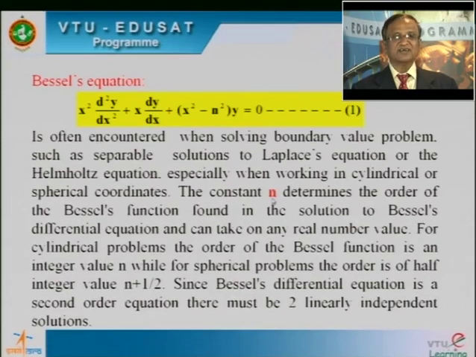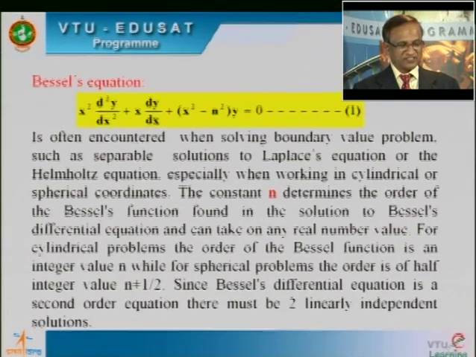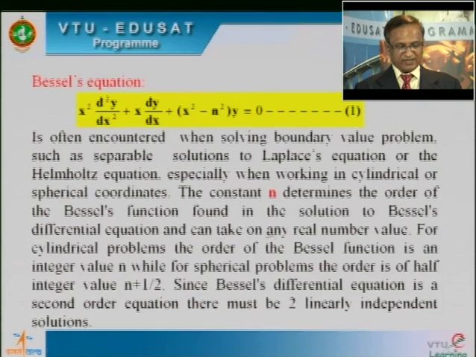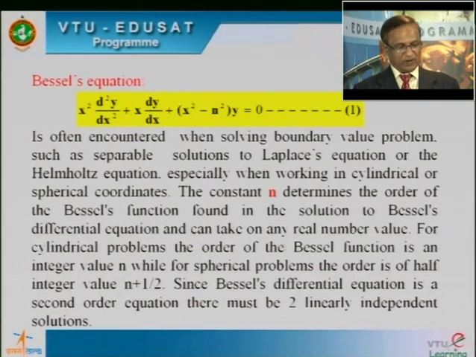The constant n, so this equation containing a constant n, determines the order of the Bessel's function. Because sometimes we call it a first order Bessel function, second order Bessel's function, zeroth order Bessel's function, right. So it is found in the solution of Bessel's differential equation, and n can take any real number value, for integer value n, while for spherical problems the order is of half integer value.